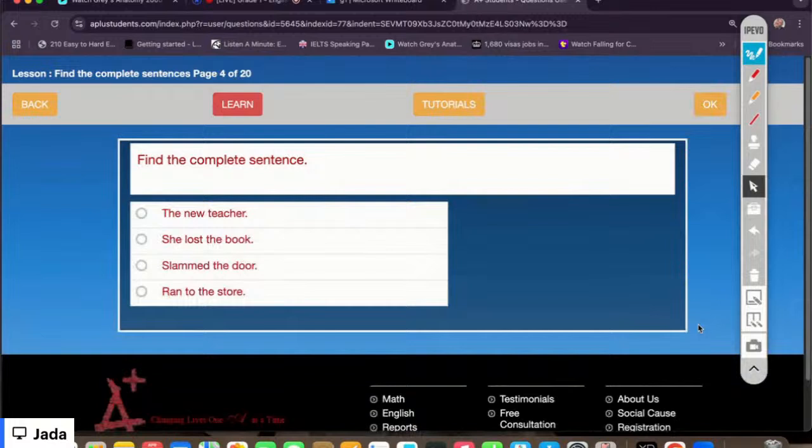This is the complete sentence. So what is the complete sentence here?